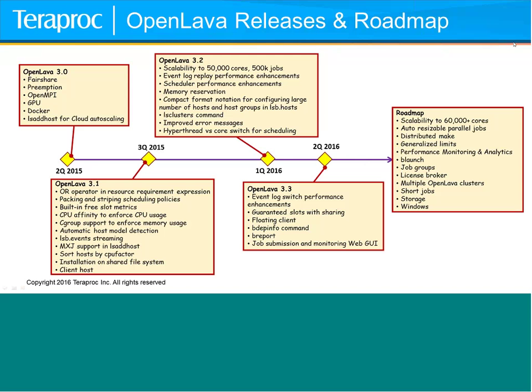There are many different use cases on scalability based on different workflow patterns: short jobs, big jobs, a mix of MPI jobs versus serial jobs, a lot of interactive versus batch. Every cluster is different, right? So the push on scalability is to continue to address different workflow patterns, and that continues to be a focus.